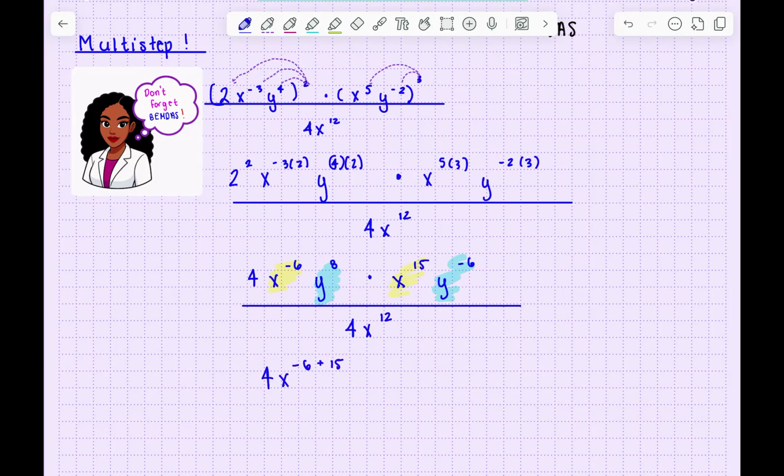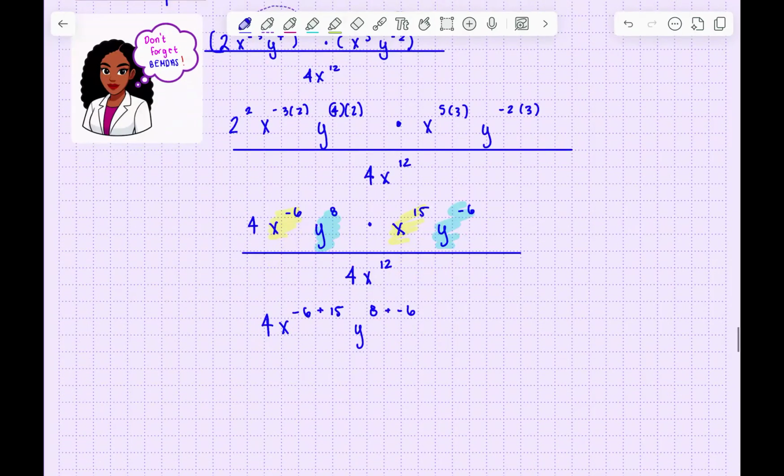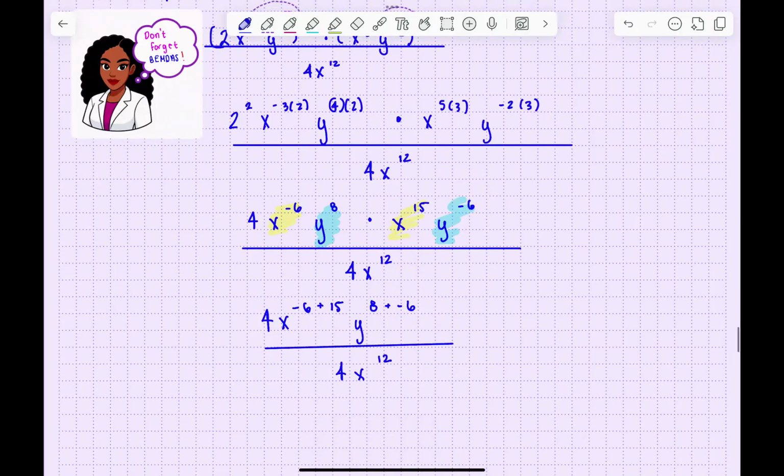I'm adding those exponents because that's the product law. Then I have 8 plus -6. Okay, that's the product law. And then all of that over 4x to the power of 12.